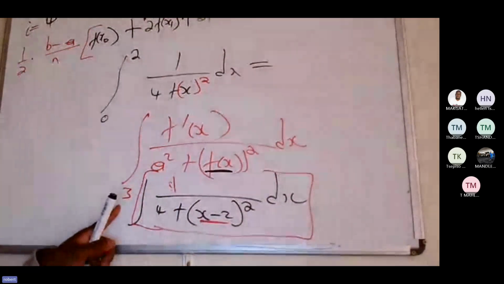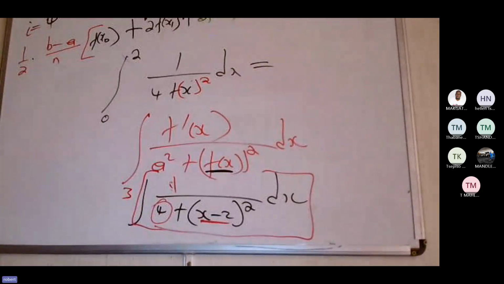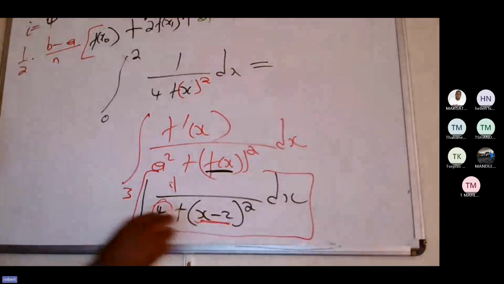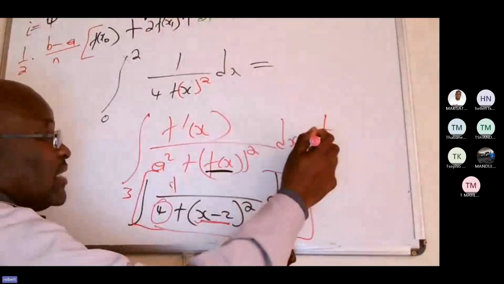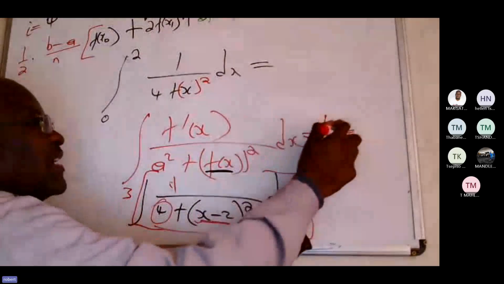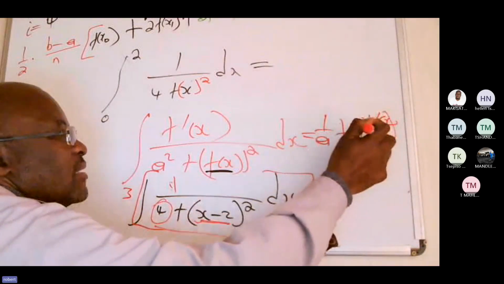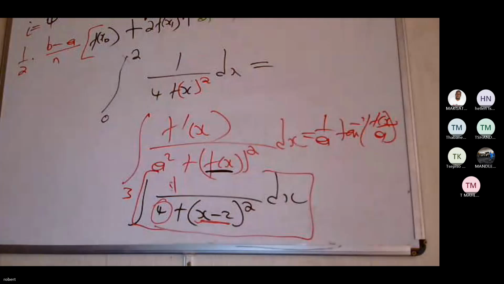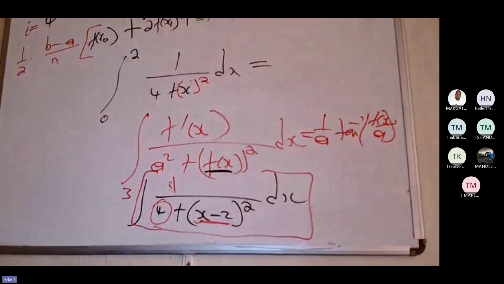Therefore, the answer would be 3 multiplied by whatever answer. 3 is out. This is not a, it's a squared. Your function is x minus 2. Therefore, according to this, it will be 1 over a inverse tan of f over a, if my memory serves me well.